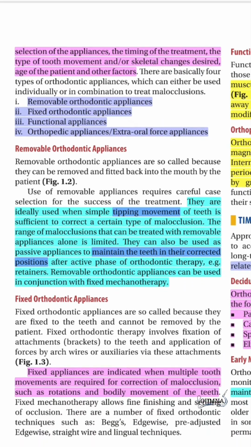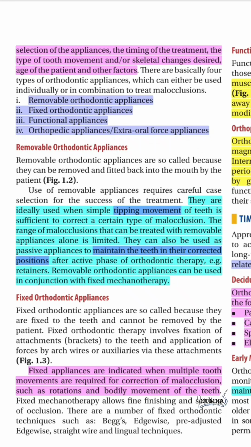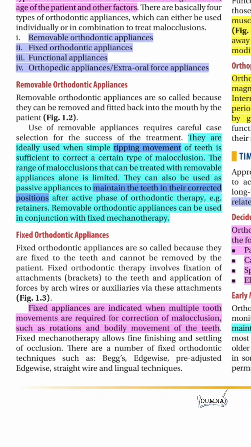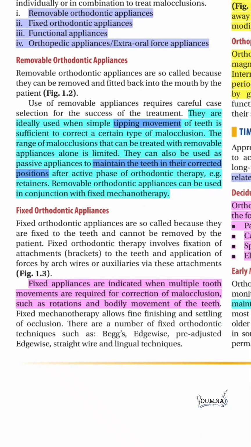The movement of the tooth happens using the fixed and removable appliances, but the difference is that the removable do only tipping movement on the crown of the tooth and provide minimum movement and positioning.